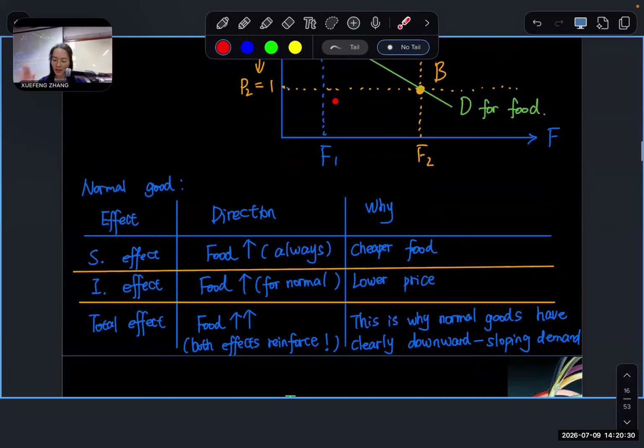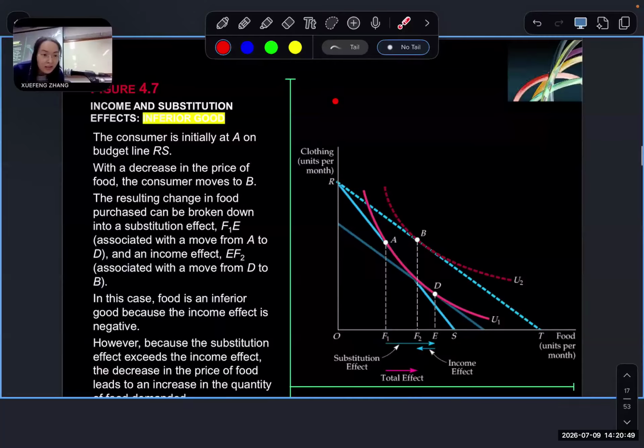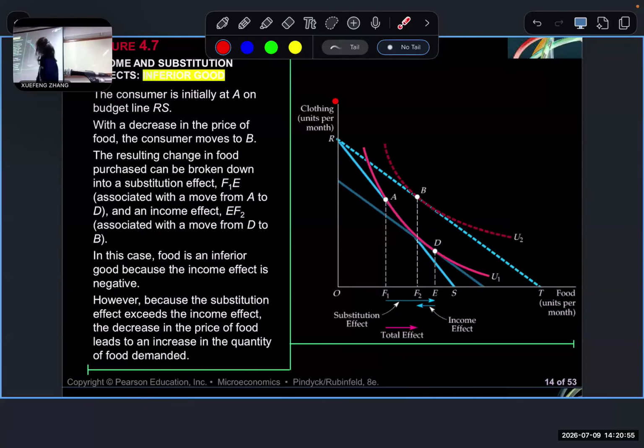So today we talked about the demand curve for a normal good. I hope you review it, because there's no homework for this week, but I might make a recording for you. Next, I'm going to talk about the next good, which is the inferior good. Inferior good is totally different.